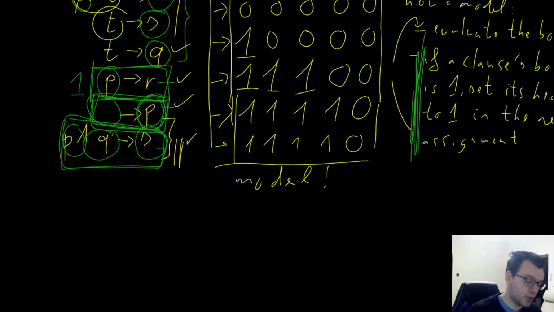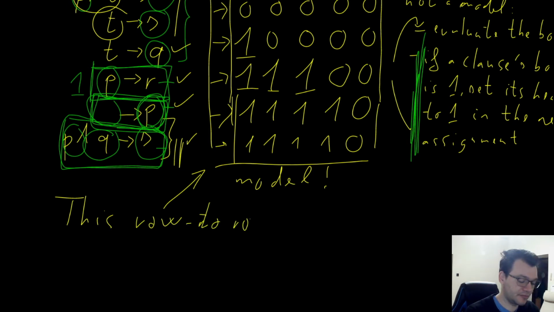So what we've just done here, this function, this row-to-row transformation, so you just take a row, and from these values you just compute new values. So there's basically a transformation of assignments. A row is an assignment, it's a complete assignment of the variables.